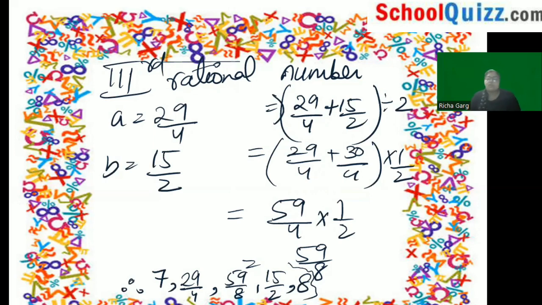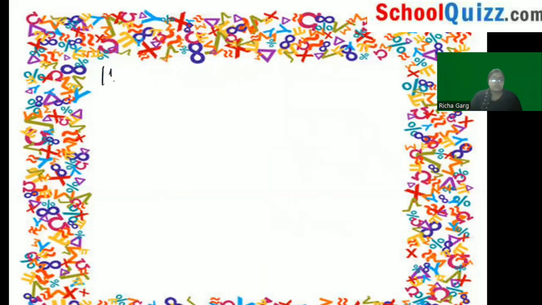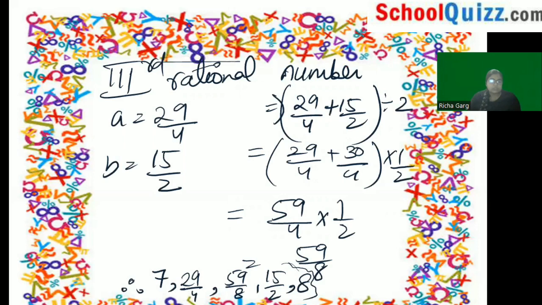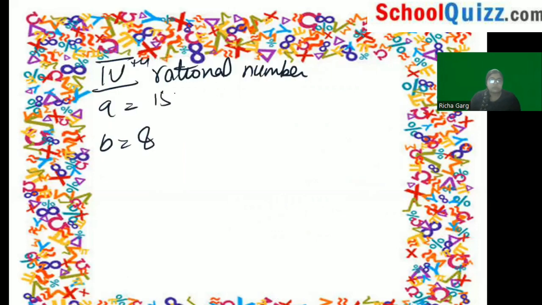Now whatever two numbers you want, you can take a pair. Which numbers should I take? Let's take 15 upon 2 and 8. So now the fourth number: b is equal to 8 and a is equal to 15 upon 2.